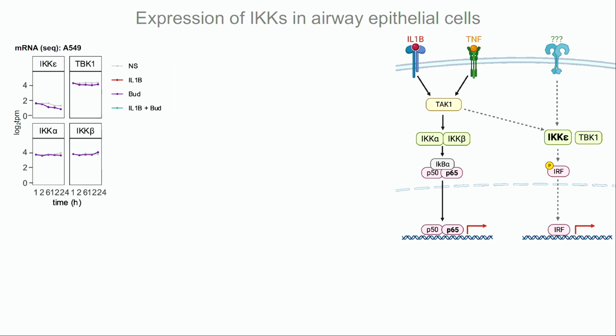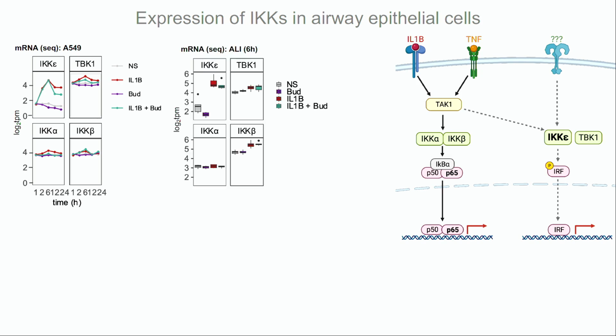So as you can see, initially, all of the other kinases are quite highly expressed in these cell types, yet IKK epsilon is quite lowly expressed. However, when we add inflammatory stimuli, it becomes quite similarly expressed to all of these other kinases, suggesting that it could play a role at these time points.